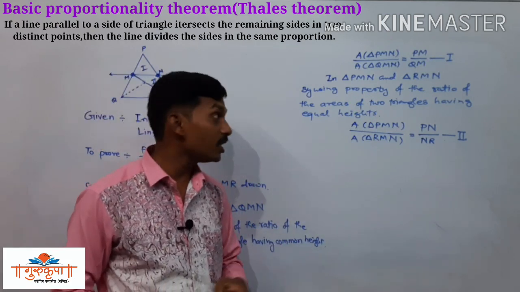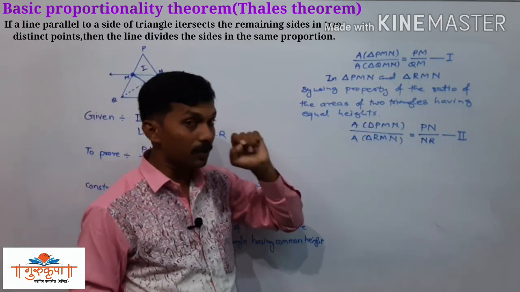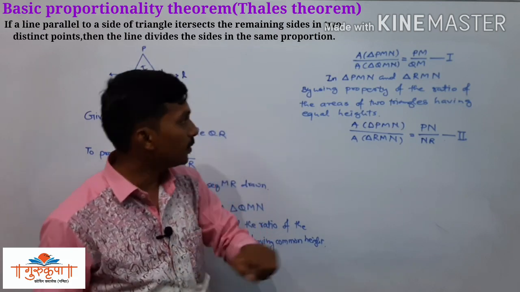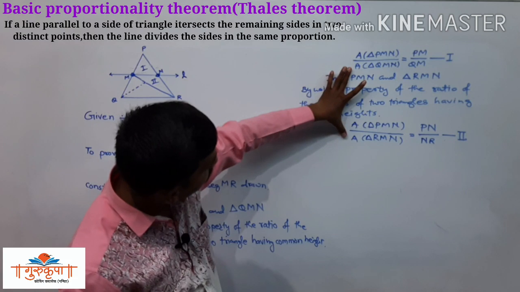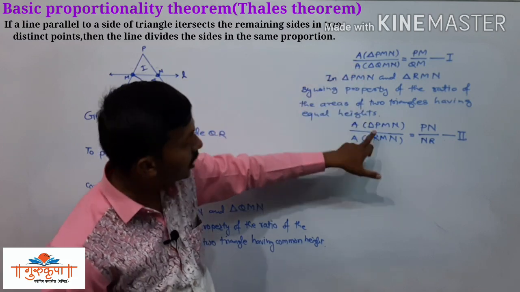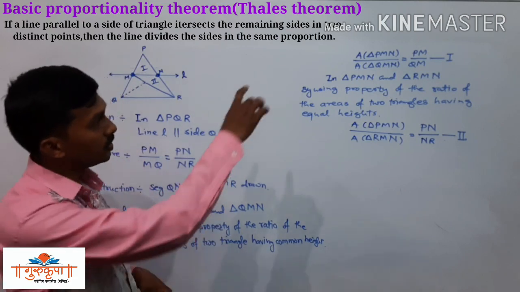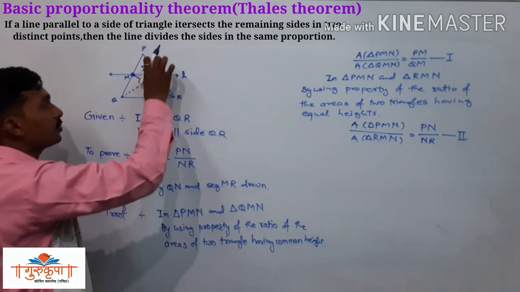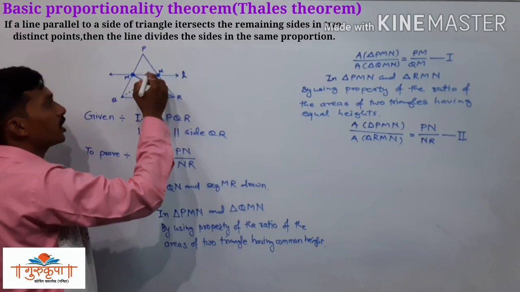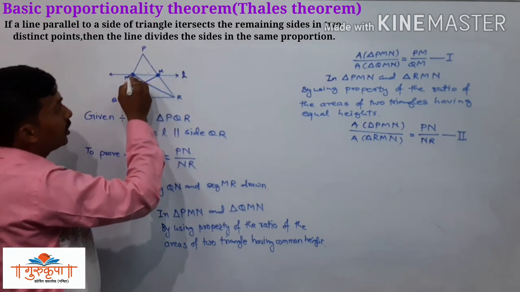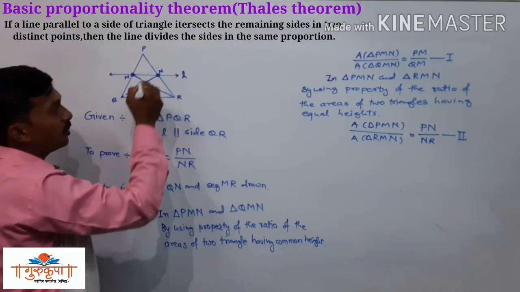You can easily prove that PM upon QM, but before proving that, we have to prove that the area of this triangle QMN and the area of this triangle RMN are equal. And now see both the triangles here in the diagram. This is triangle QMN and triangle RMN.